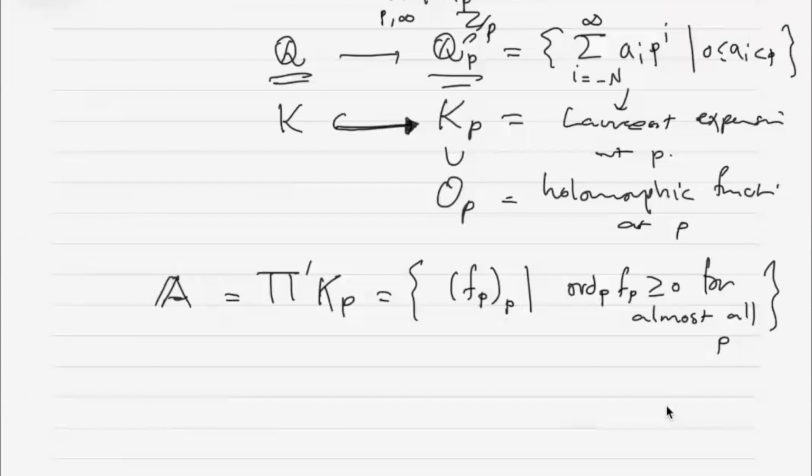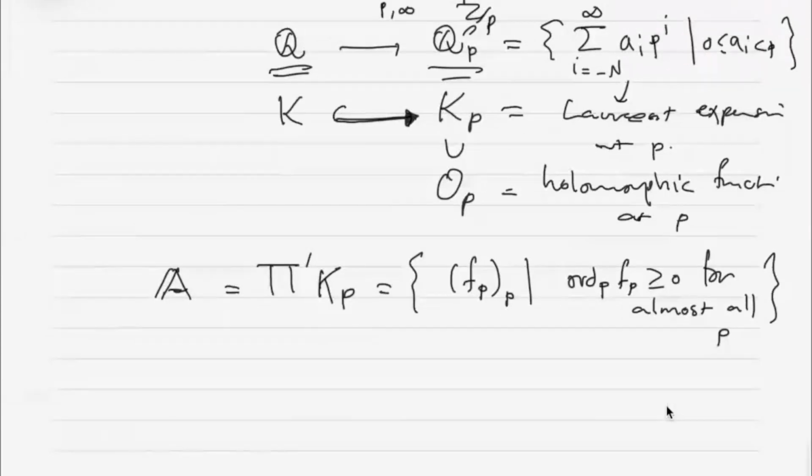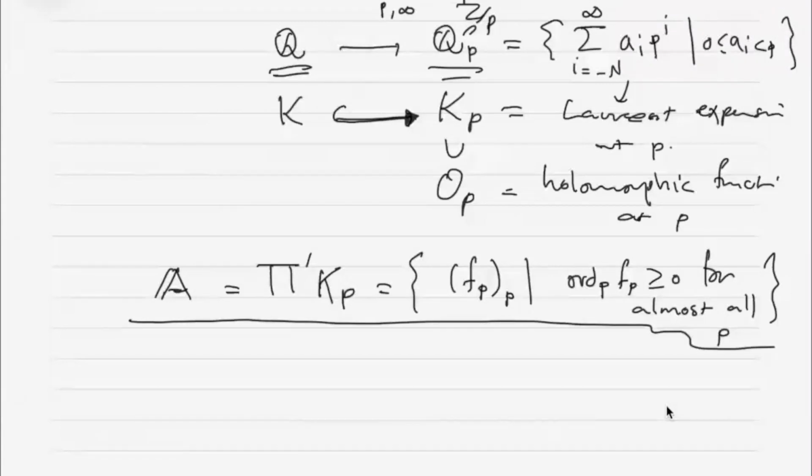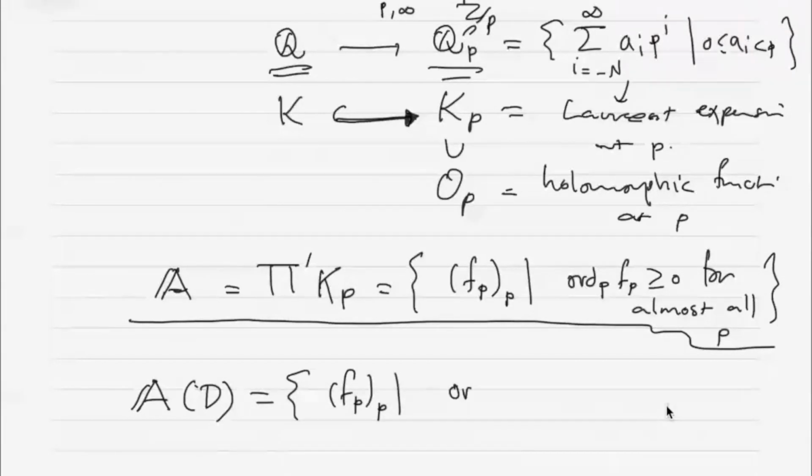Anyway, now, how do Adels help us to rephrase Riemann-Roch so that it also works not just for C but for any field? It is this. We define this notion of A of D, where this is the set of FPs such that the valuation at P of FP plus the valuation at P of D is bigger than or equal to 0.